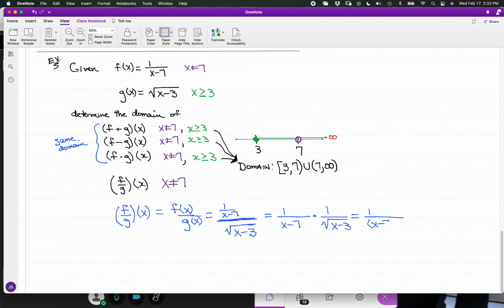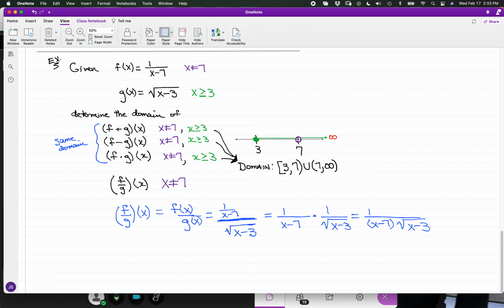So for this outcome, I have 1 over the quantity x minus 7 times the square root of x minus 3. Now, to keep f of x defined, x minus 7 cannot be 0, so x cannot be 7.